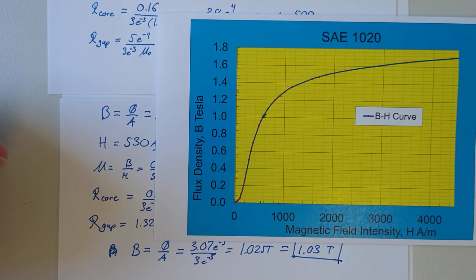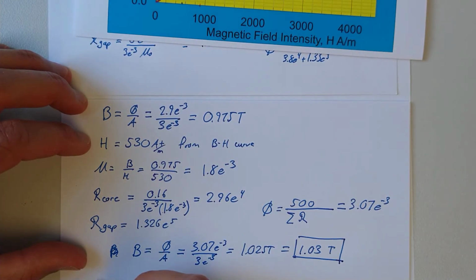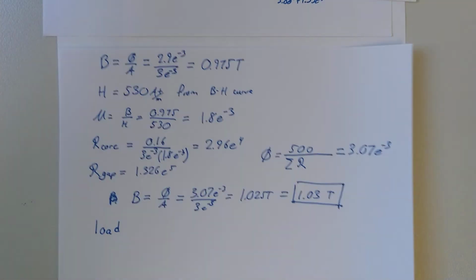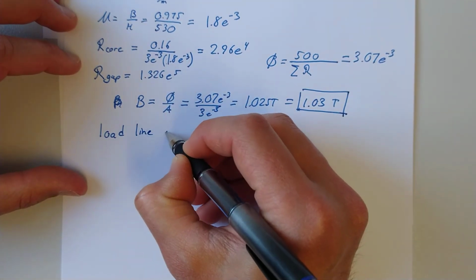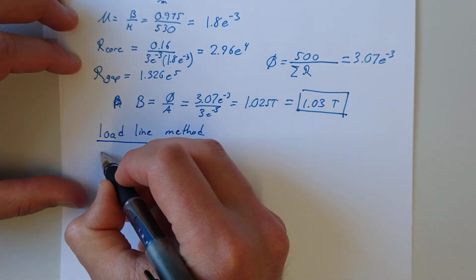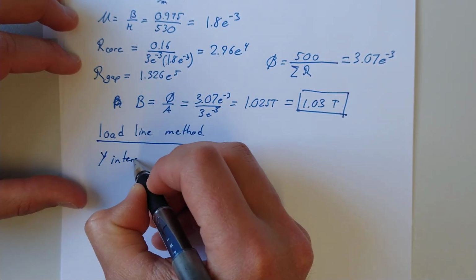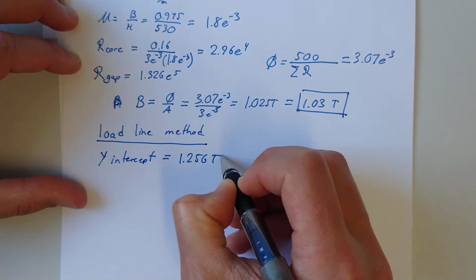Now, just as a check, we can try the load line method. Let's have a look at how that would go. Well, the y-intercept, we know already, is 1.256 Tesla.